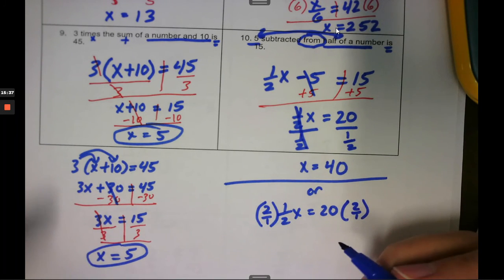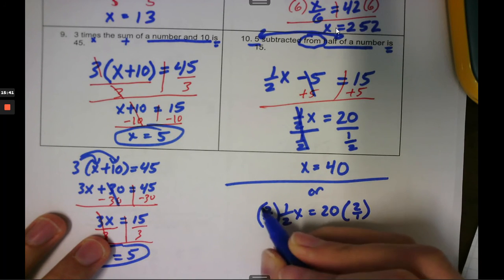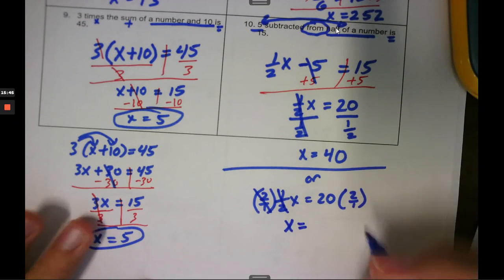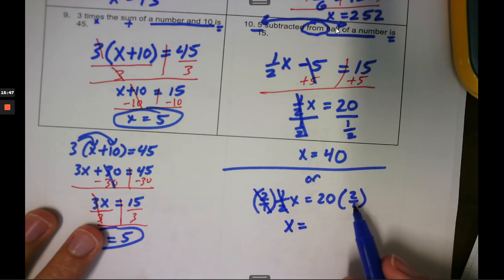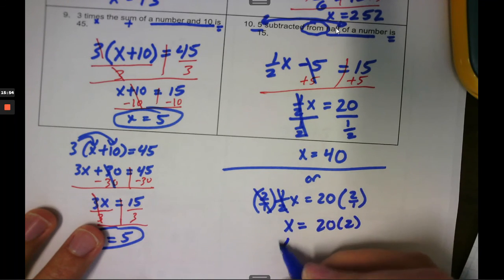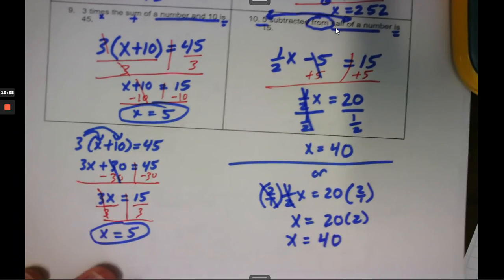Or, simply put, is 2. 2/1 times 1/2, those cancel out. And I get x equals, and over here, again, you can use your calculator, but 2 divided by 1 is just 2. So this is really 20 times 2, which is 40. Either way, you get the same answer.